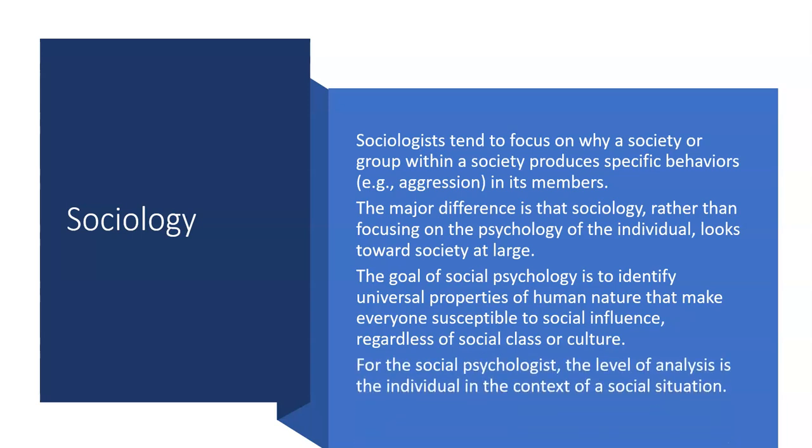So despite the fact that the social psychologist tends to look at the individual level of analysis, you will find that sociologists and social psychologists cross-pollinate all the time. We tend to study the same things and publish across each other's journals. So there's a lot of overlap between our disciplines.